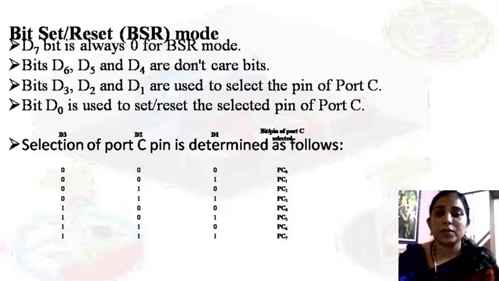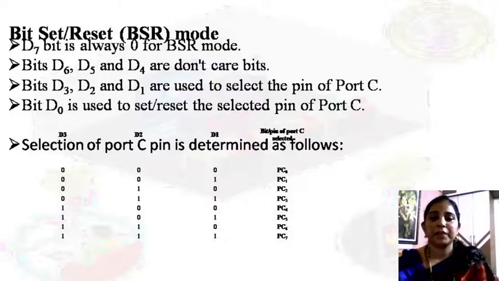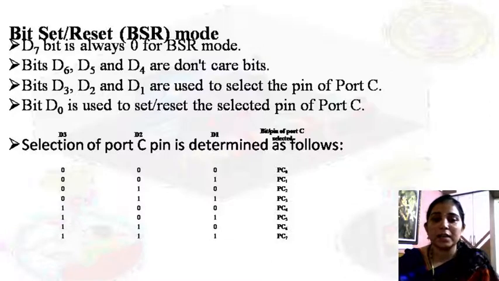If it is 1, 0, 0, the fourth bit of port C is selected. If it is 1, 0, 1, the fifth bit of port C is selected. If it is 1, 1, 0, the sixth bit of port C is selected. And the last option is, if all the bits D1, D2, D3 are high, then the 7th bit of port C is selected.